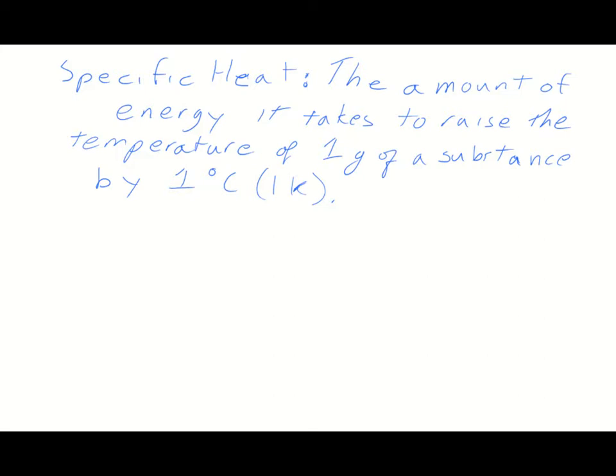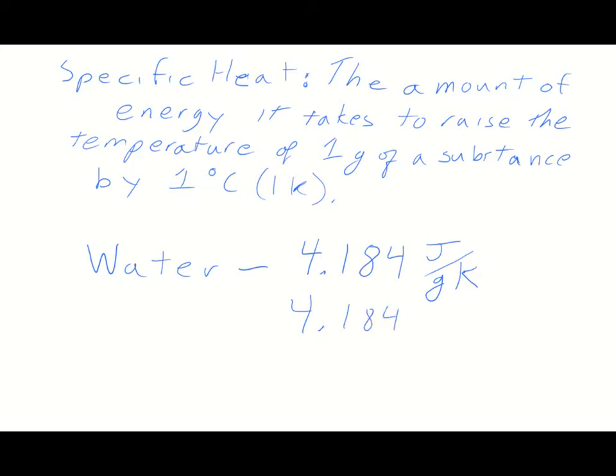Water has a specific heat of 4.184 joules per gram per Celsius, or if you like, 4.184 joules per gram per degree Celsius. Now, the specific heat of water is a little unique.